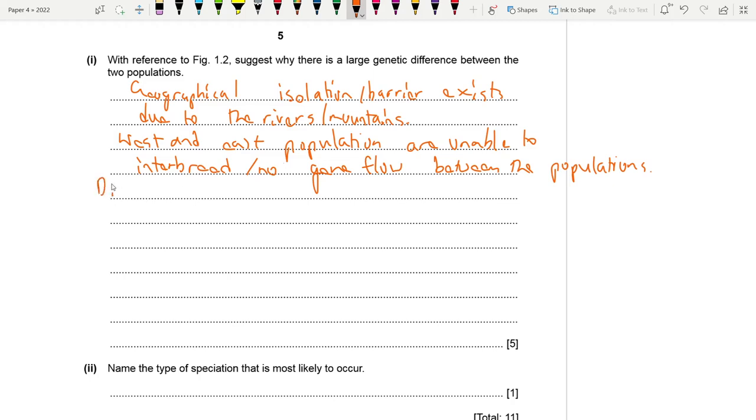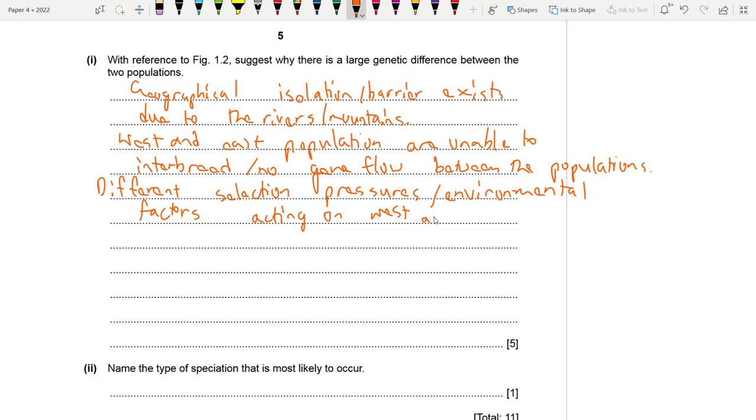Also, there are different selection pressures or environmental factors acting on west and east populations.